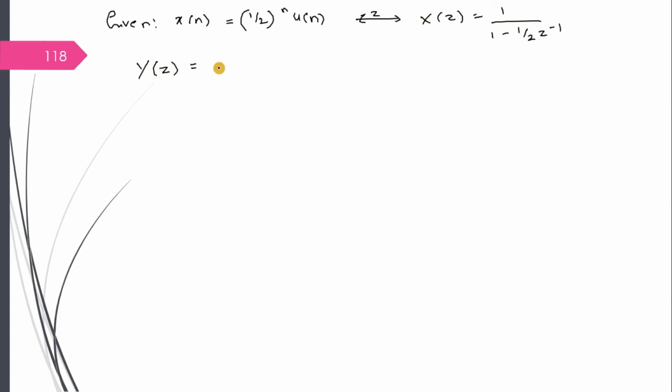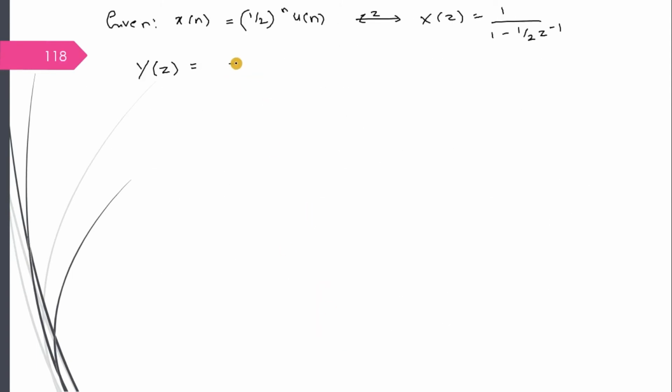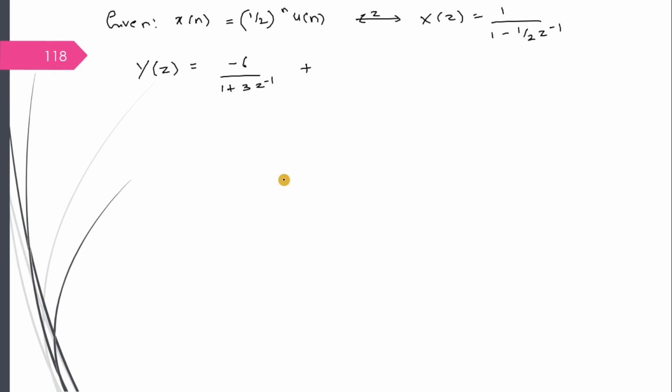Y of z is equal to minus 6 divided by 1 plus 3 z inverse. This is without input, I call it natural response, plus 1 plus z inverse divided by 1 plus 3 z inverse times X of z. In place of X of z, I write 1 divided by 1 minus 1 by 2 z inverse.